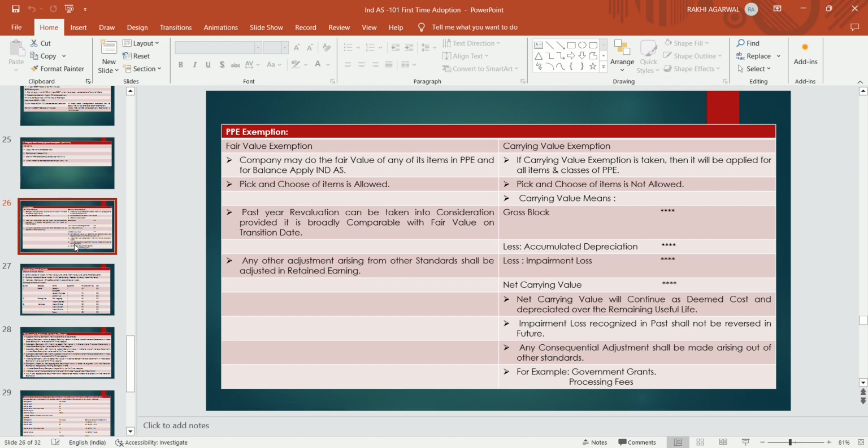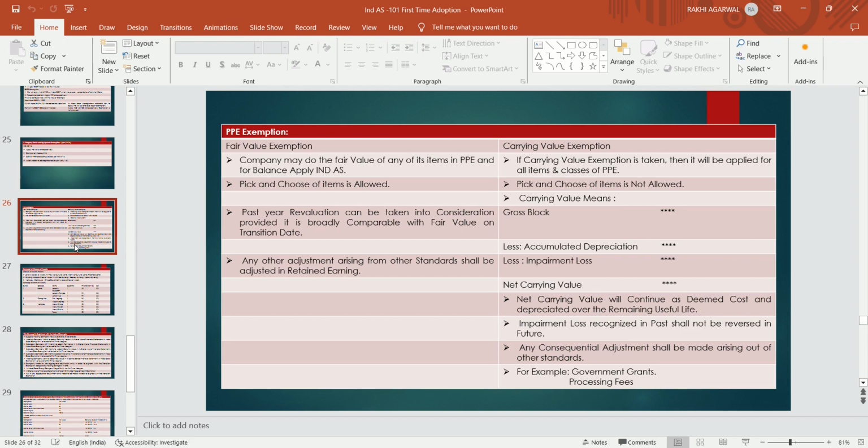So pick and choose of items is allowed in this exemption as per Ind AS 101 for PPE exemption. Past revaluation can be taken into consideration, if any revaluation was done in the past for that asset, provided it is broadly comparable with the fair value on the transition date.